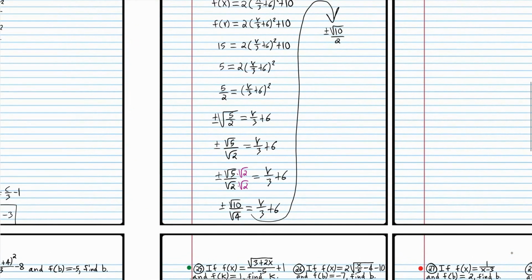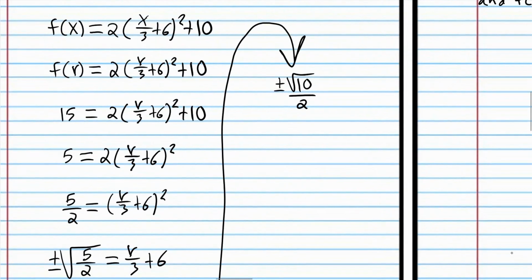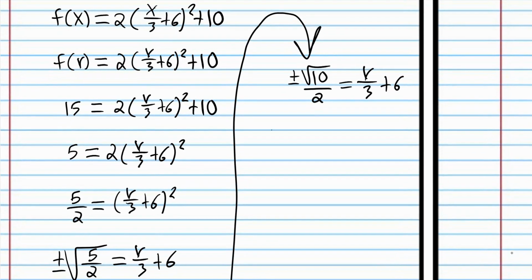equals r over 3 plus 6. So now we have to isolate r. So I'm going to subtract 6 from both sides.